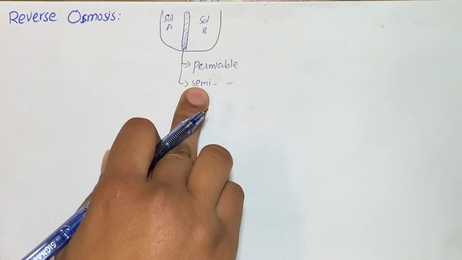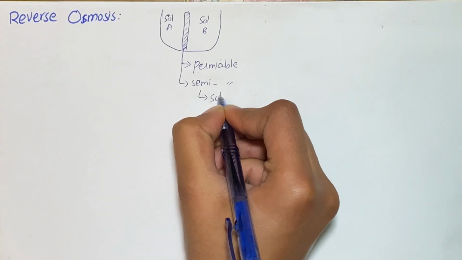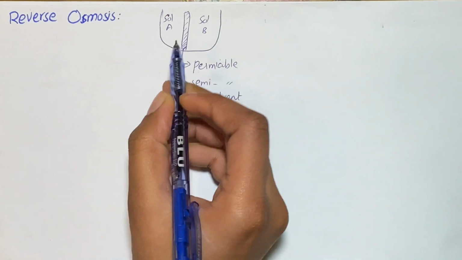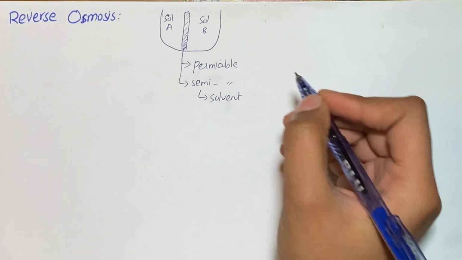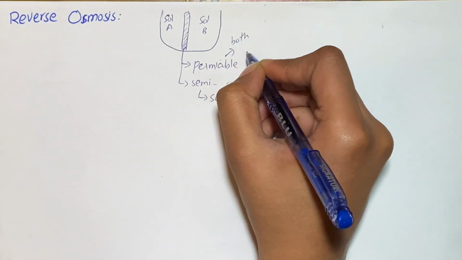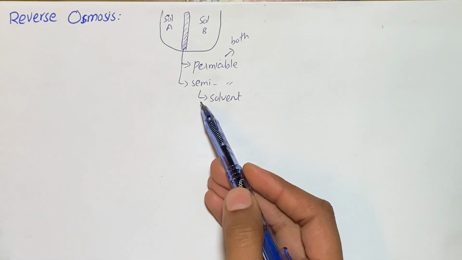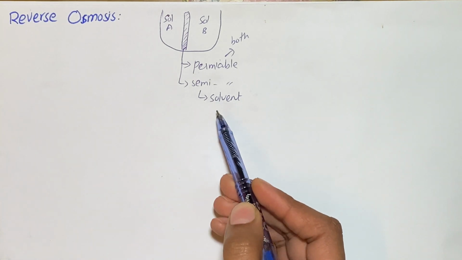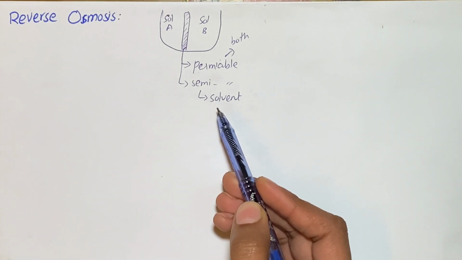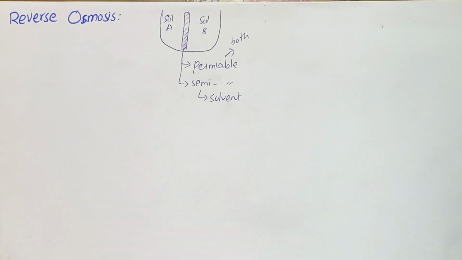Whereas the semi-permeable membrane allows only solvent molecules. So only the solvent molecules pass across the semi-permeable membrane. In this way they will balance the concentration gradient, whereas in a permeable membrane both of them move across the membrane. So in the case of osmosis or reverse osmosis, a semi-permeable membrane is being considered.